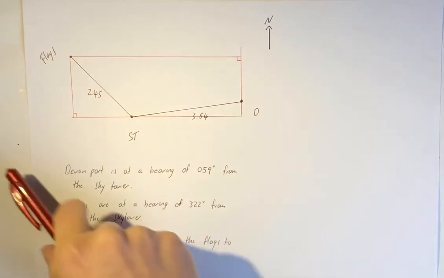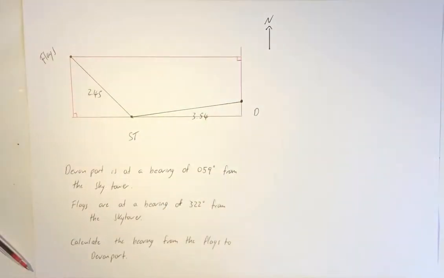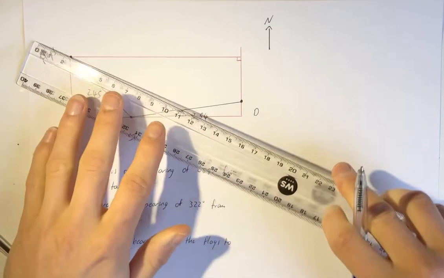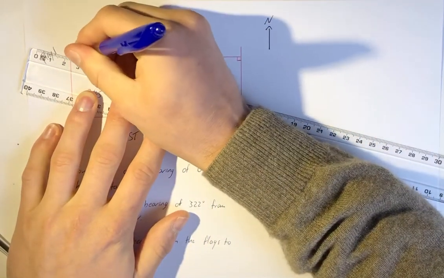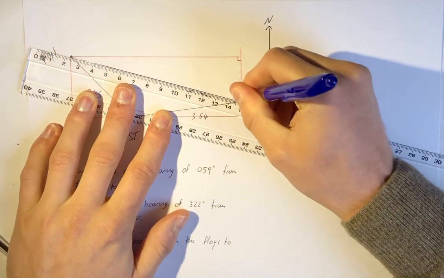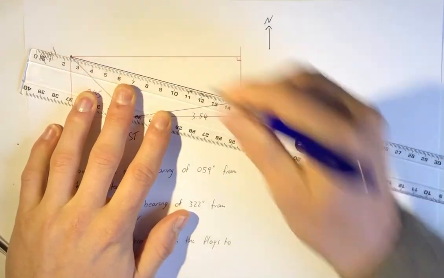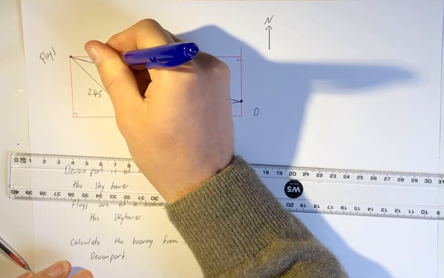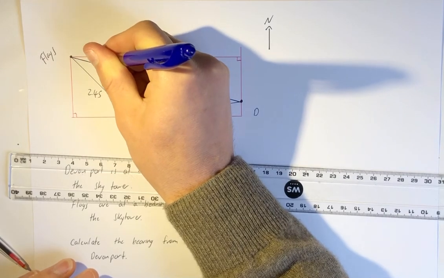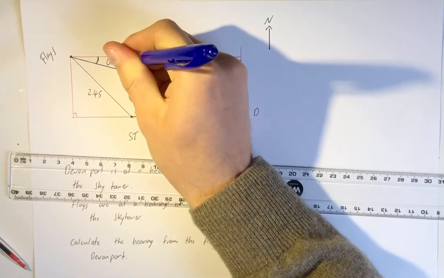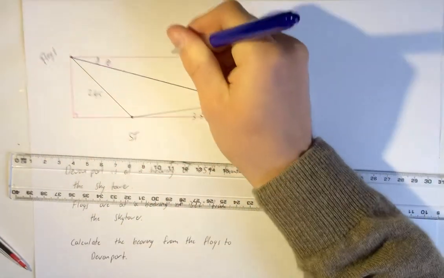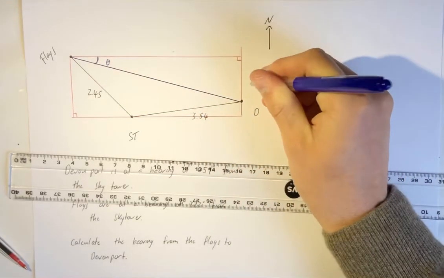Now, maybe I'll use a blue pen for this. I want to figure out this angle here, don't I? If I want that angle, let's call it theta, then I need to know this side and this side.